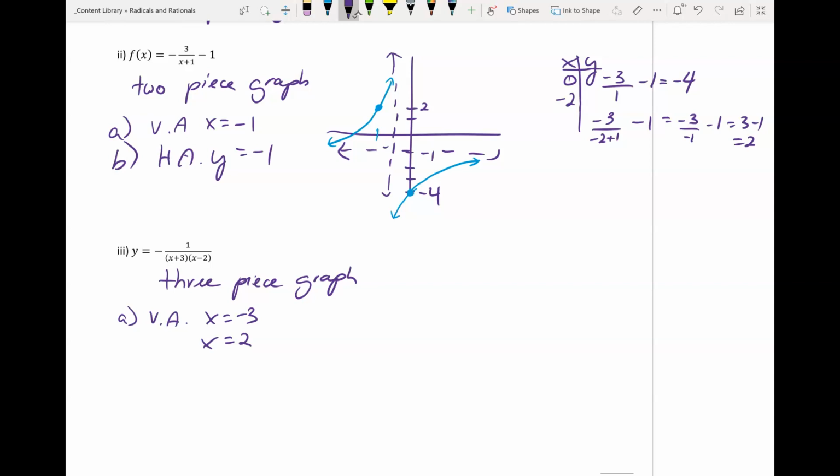And because I have no number on the outside here, and our power in the numerator is smaller than the power in the denominator, that means we have a horizontal asymptote at y equals 0. And go ahead and draw in those asymptotes.